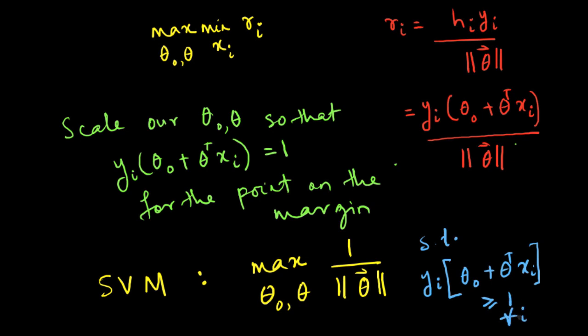So this is a constraint optimization problem, and now instead of maximizing 1 by norm of theta, we can minimize the norm of theta. So we just take a reciprocal of this quantity, and then instead of maximization we do minimization. And one more change we make is that instead of working with the norm, we work with the square of the norm, because that is easier to implement in programming.